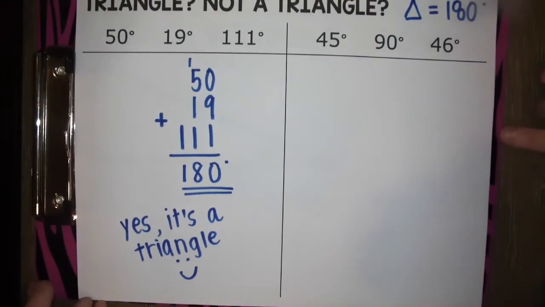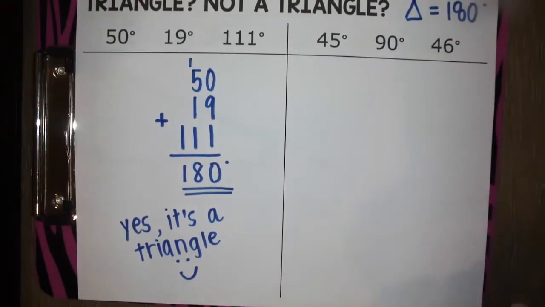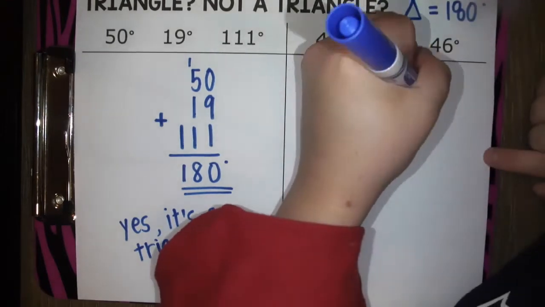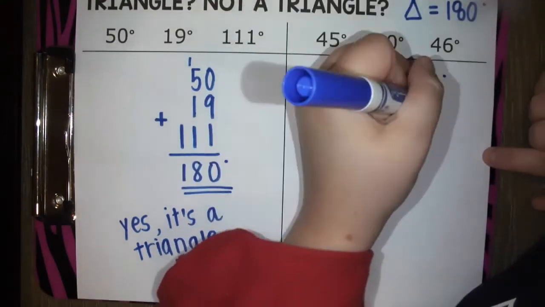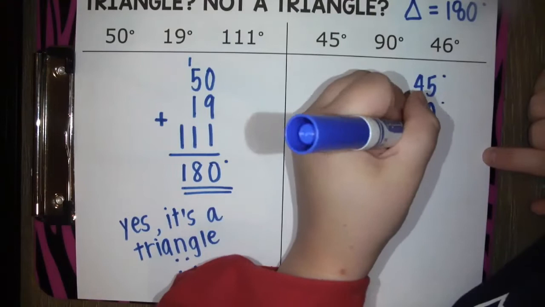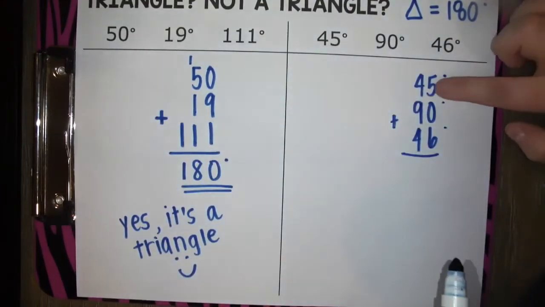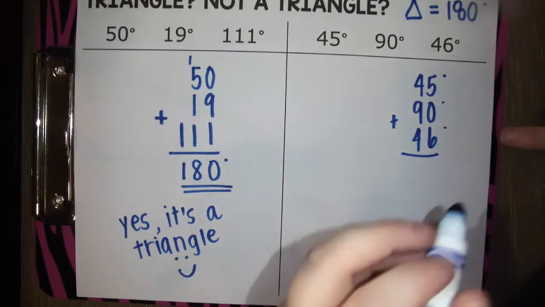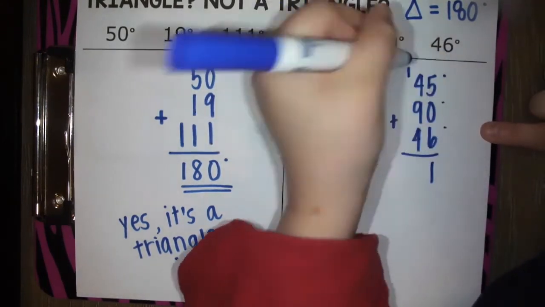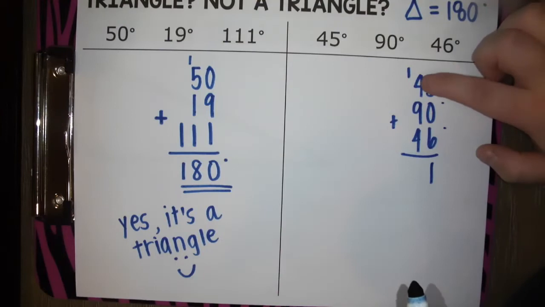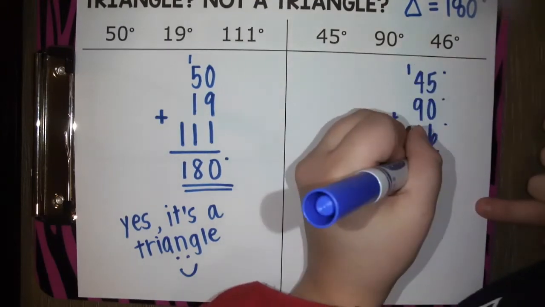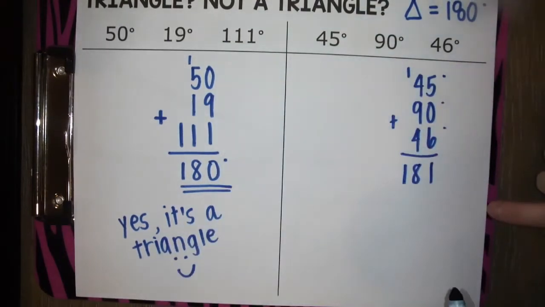Moving on to the next one. We have 45 degrees, 90 degrees, and 46 degrees. And we need to see if this forms a triangle too. So I'm going to add 45 degrees, 90 degrees, and 46 degrees together. 5 plus 0 plus 6 is 11. 9 plus 4 plus 4 plus 1 is 18.